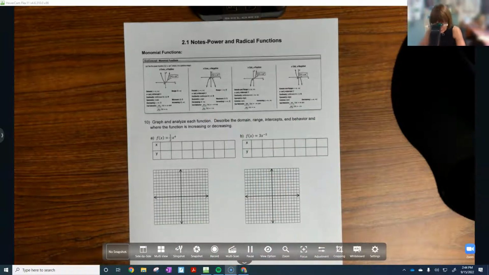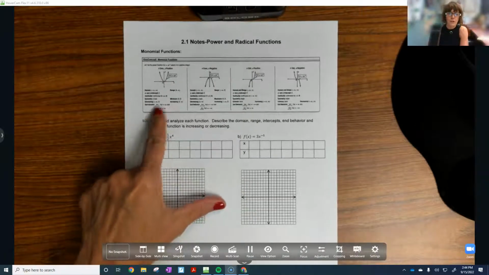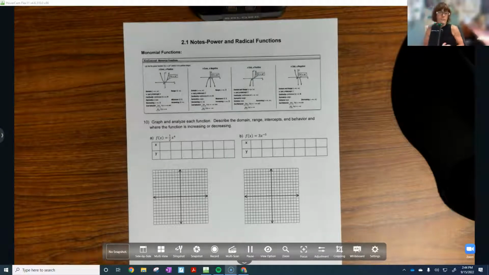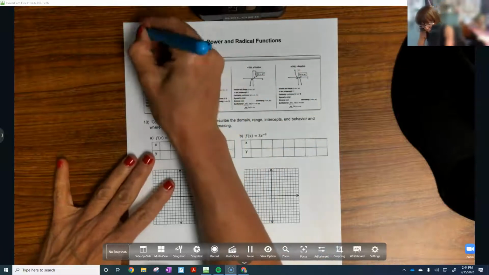The first thing that you see are power functions where nothing is added or subtracted. So they're all just one term here. And what I want to point out before we go any further is, you guys already know this, but I just want to remind you because it's very important.